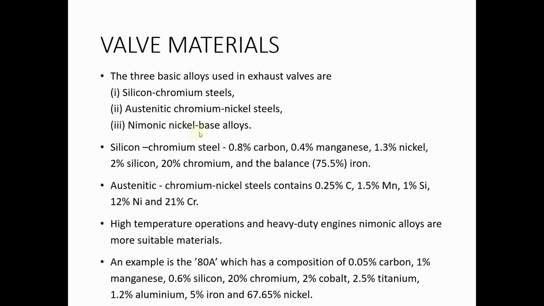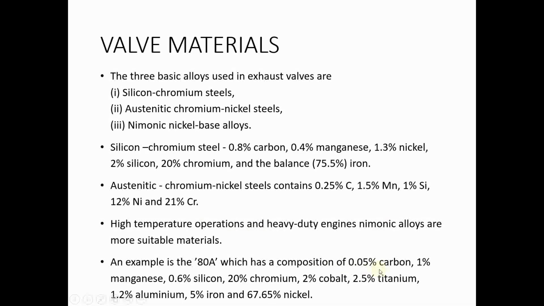And finally, the Nimonic nickel base alloys, which are used in heavy duty engines, for very high temperature operations. It is not usually used in low and medium duty engines or in normal conditions, only for special purposes.